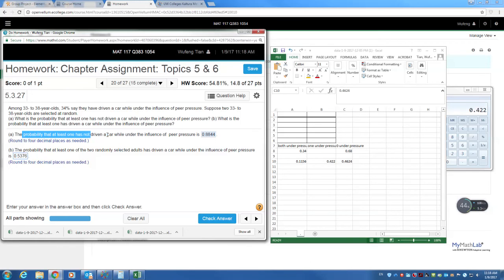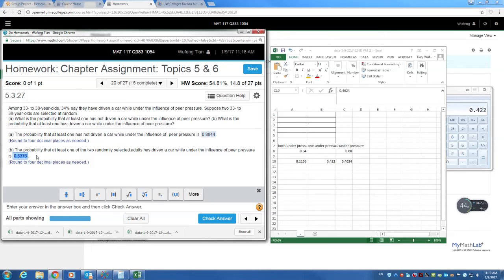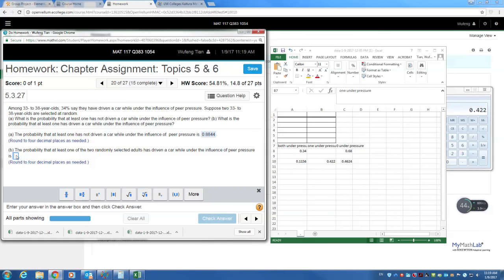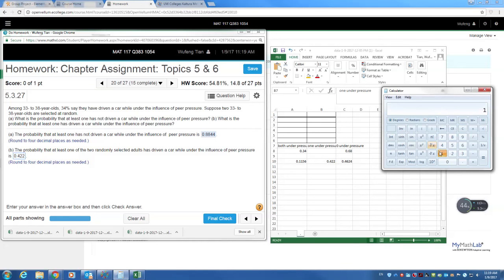At least one has not driven a car under the influence of pressure. Is it 1 minus the previous one? 1 minus 0.8844 is 0.1156.